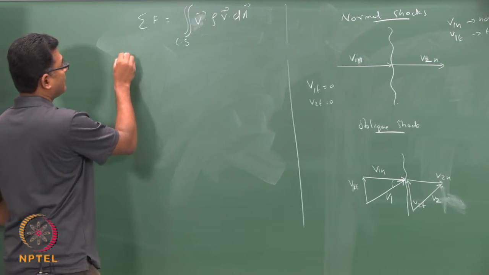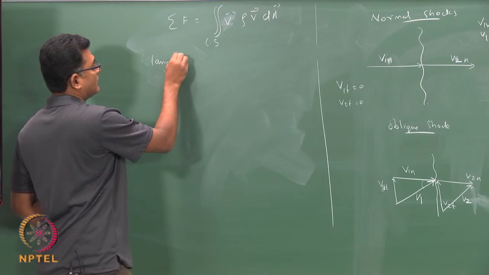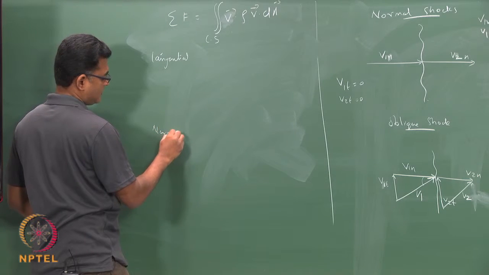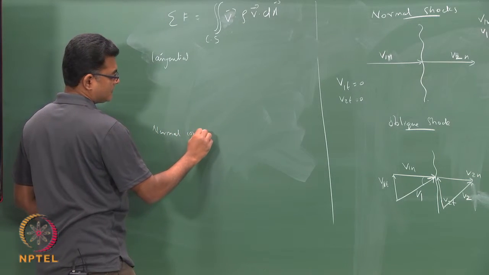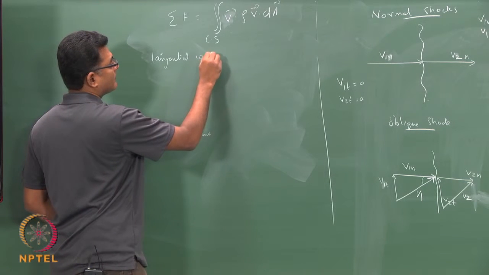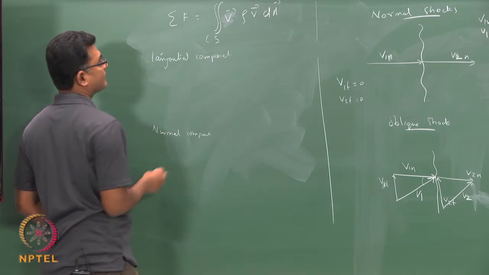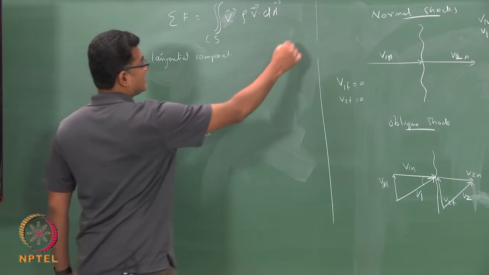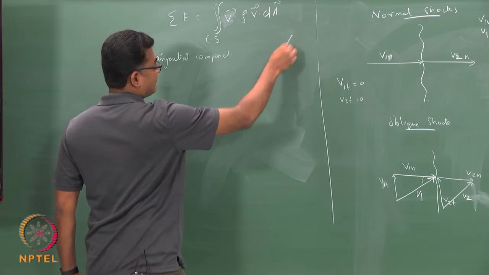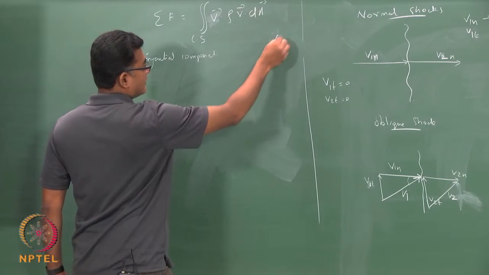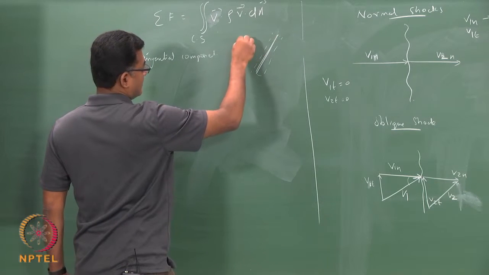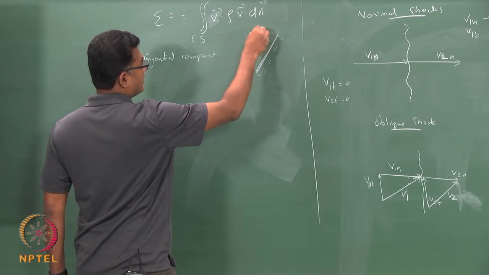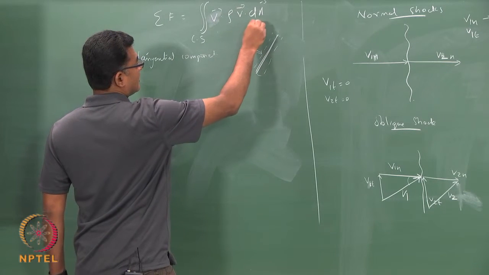Now, I have two components, the tangential component and the normal component. The tangential component and normal component will differ only when... so this would be my F normal and F tangential.